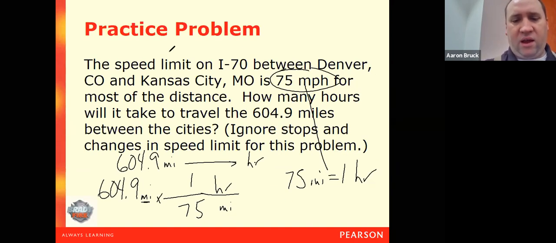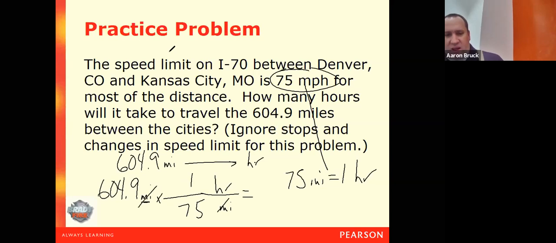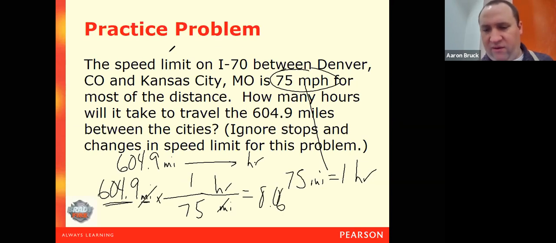if I carry out that calculation, my miles cancel out, and my answer, 604.9 divided by 75, carried out to 4 digits, because that's how many digits were here, is 8.065 hours.